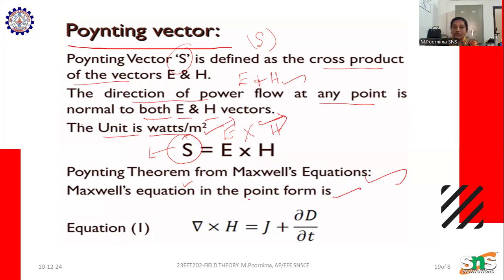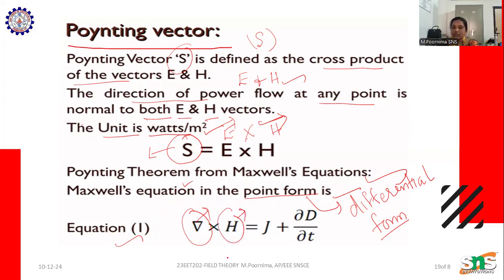The Maxwell equation in differential form is: del cross H is equal to J plus the rate of change of electric flux density D with respect to time.